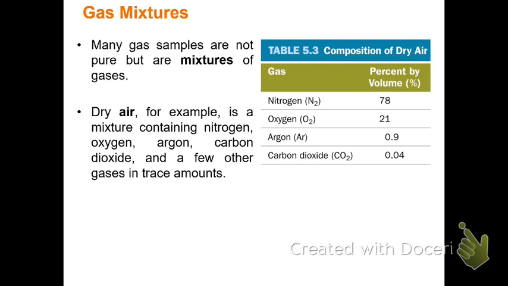When you take a sample of air, it contains a mixture of different gases such as nitrogen gas, oxygen gas, carbon dioxide, maybe small traces of argon, maybe benzene, some toxic gases. Air contains 78% of nitrogen gas, 21% of oxygen gas, and 0.9% of argon, and so on and so forth.